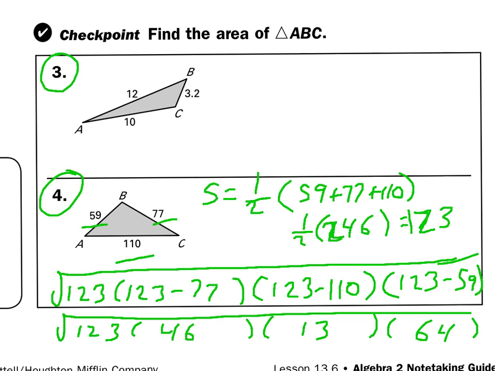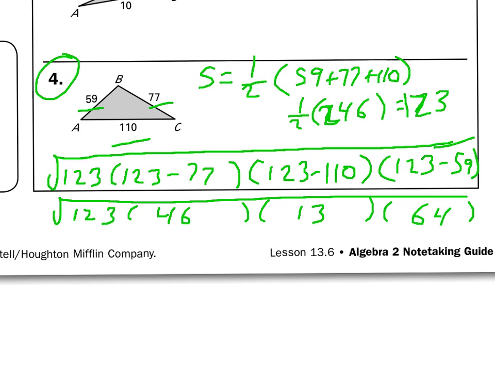Alright, so if I grab my calculator real quick and I multiply 123 times 46 times 13 times 64, enter, and I take the square root of that, I get 2169.66, which is just about 2170 square units. 2170 square units.